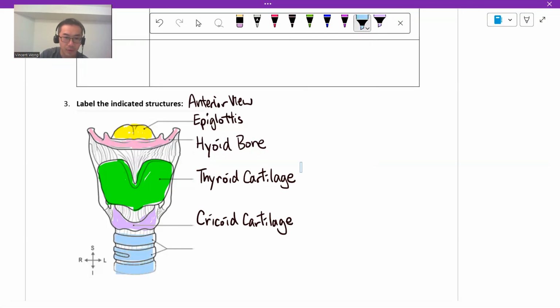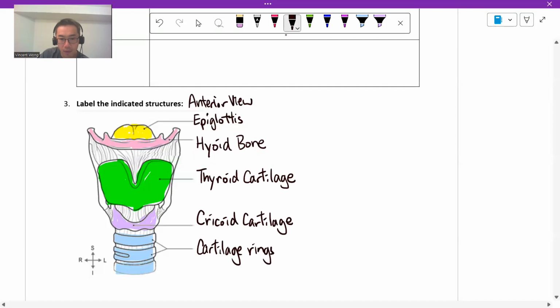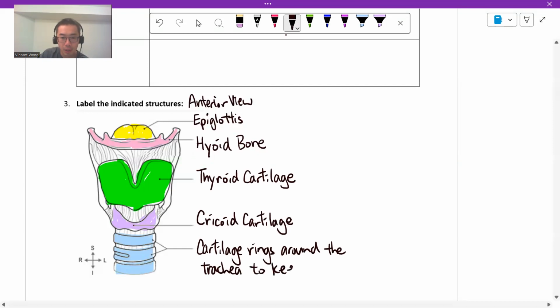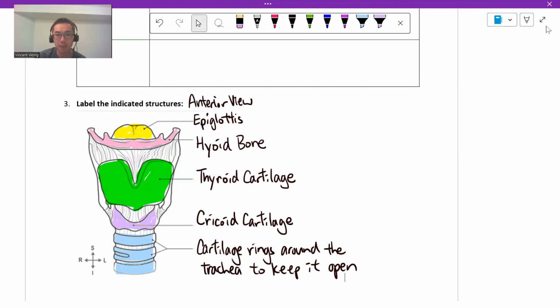These rings, these are cartilage rings around the trachea to keep it open. We do not want the airway to collapse, because then we won't be able to breathe. To keep it open, we need the cartilage rings.